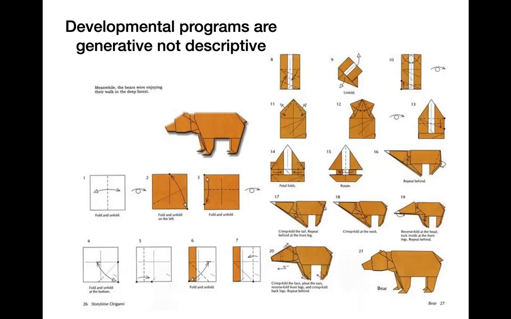And again, this is very akin to the way development works, where you have this hierarchy of instruction that restricts going down into particular parts of the organism. So you're all correct. Here we're saying that developmental programs are generative rather than descriptive.